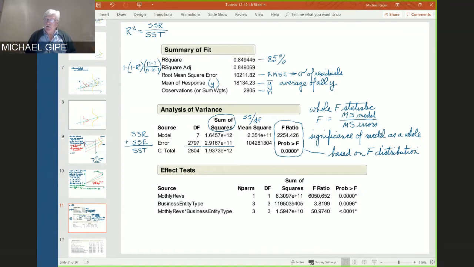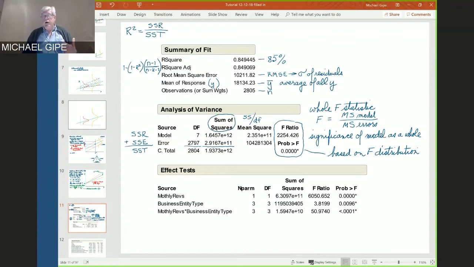Anyway, the idea here is that we can use this F ratio much in the same way that we use a t statistic to evaluate the goodness or the validity of this model. But in this case, it's not a t statistic for a single value like a coefficient giving us a confidence interval.